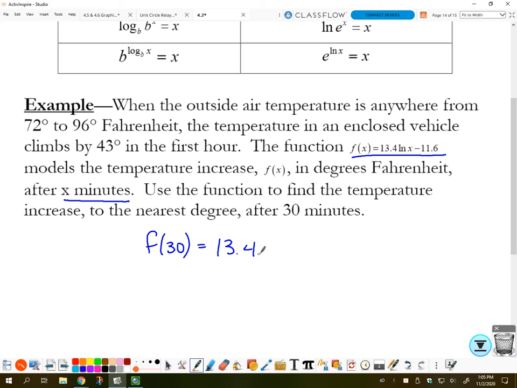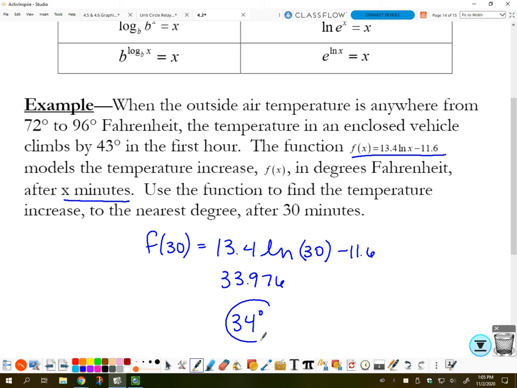So 13.4 ln of 30 minus 11.6. Now be careful, make sure that you understand that that 30 goes in parentheses, so it takes ln of 30 first, and it does the other things later. So again, in your calculator, 13.4 ln of 30, close parentheses, minus 11.6, and you get 33.976, and they said to the nearest degree.